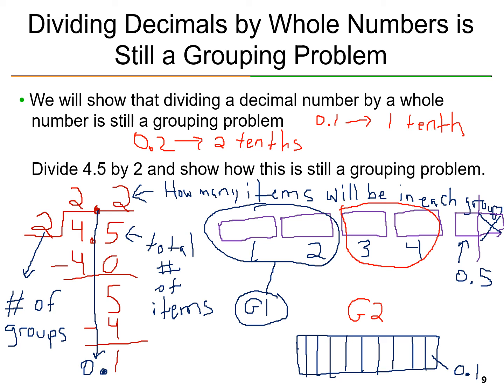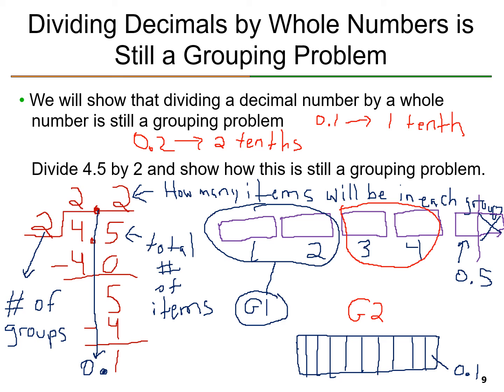0.1. Because as we remember, it takes 10 dimes to equal $1. One dime is equal to 1/10 of a dollar. So we divided this last item into 10 parts. Now the whole item is 10 tenths, and 10 tenths is equal to 1 whole.